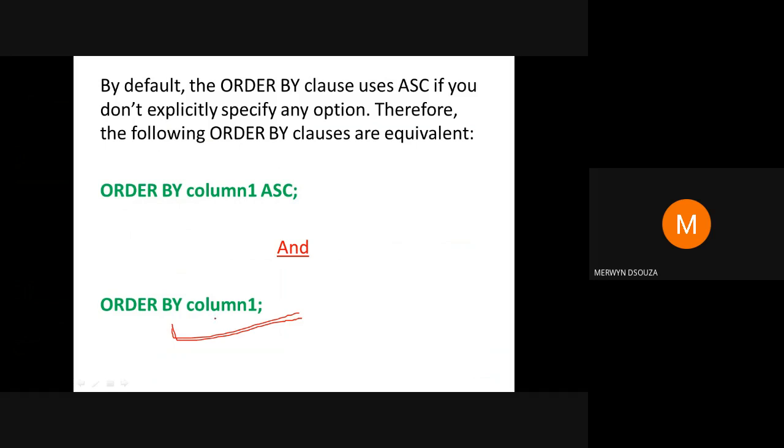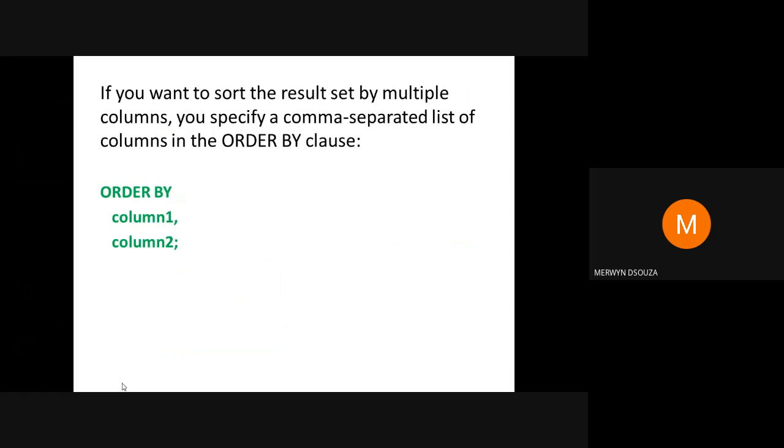All the values of column 1 will be sorted in ascending order. So both these queries are one and the same. The ASC keyword is optional. If you don't put it, the order by clause will still sort in ascending order. If you want to sort in descending order, then you need to specify the keyword DESC.